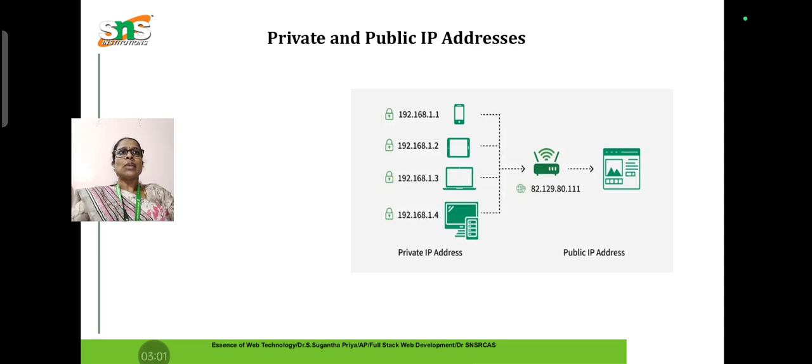They are only required to be unique within their own network and are used for communication between devices within the same network. Example, in a typical home network, the router assigns a private IP address to each device like smartphones, laptops, smart TVs from a reserved range. These devices use private IPs to communicate with each other and with the router.